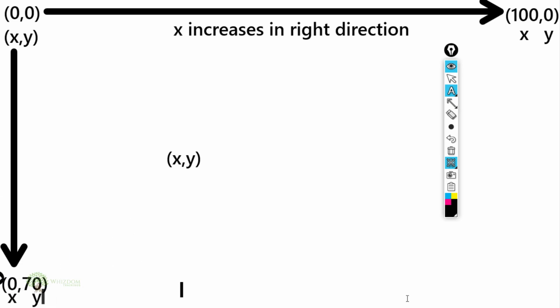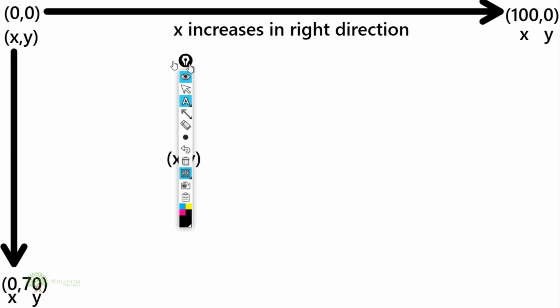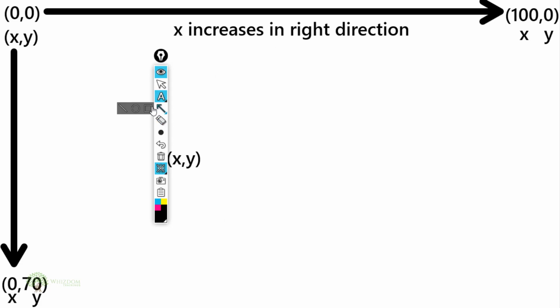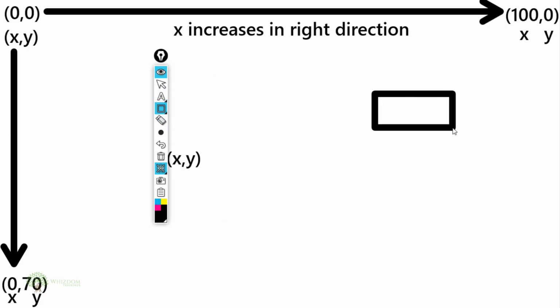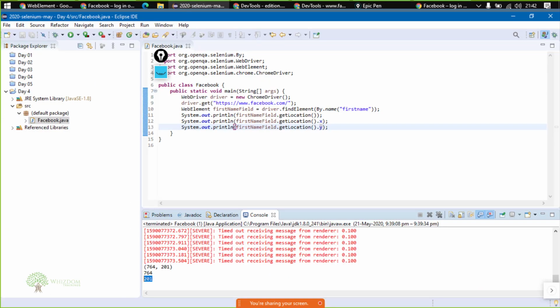So this is done. Now this means that some element somewhere over here, for example our first name field, will have some x coordinate and some y coordinate. So these are the coordinates that we are receiving here. 764 is our x coordinate, y coordinate is 201, right?